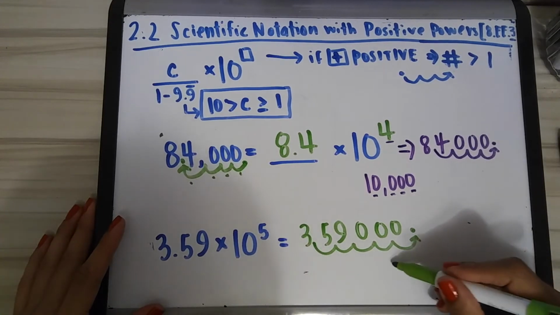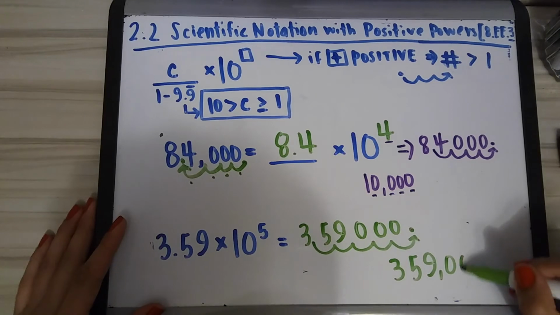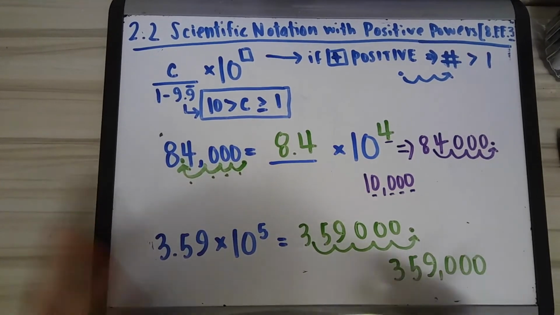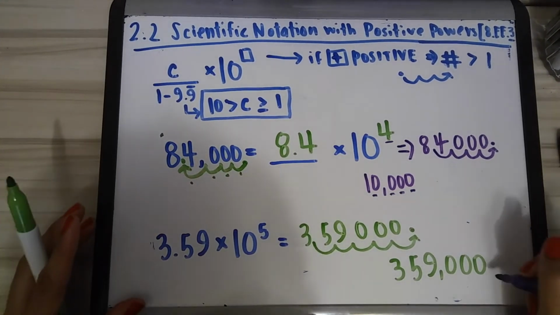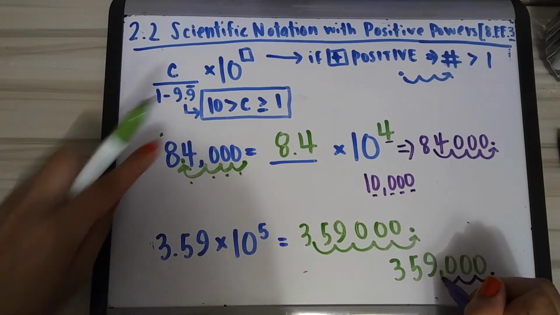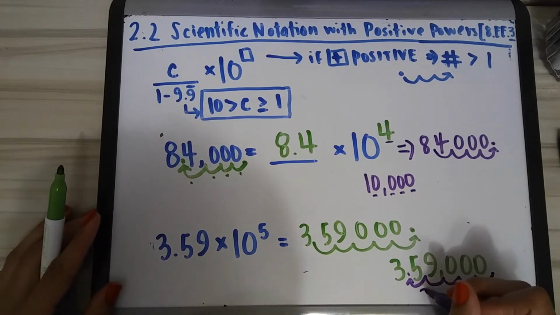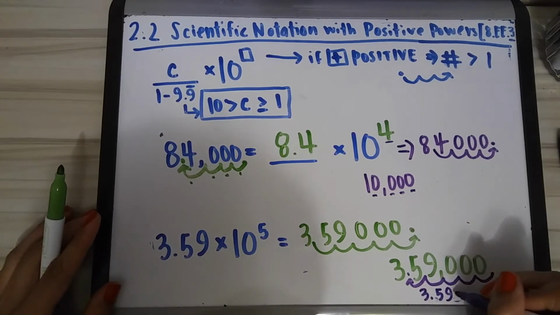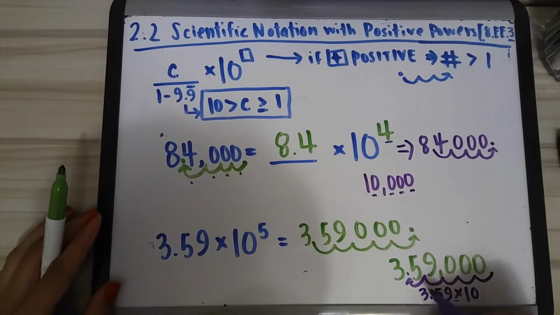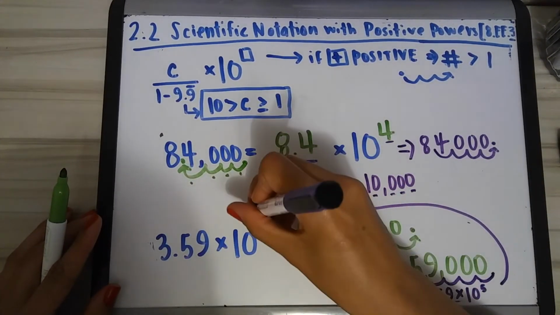So I end up with 359,000. If I were to take this back again, remember I'm going to locate my decimal place, and I'm going to go to the left until I find a number between 1 and 9.9, which is right there. And I'm going to rewrite 3.59 times 10 to how many places did I move it? 1, 2, 3, 4, 5, to the 5th power, and I go back to what was given to me.